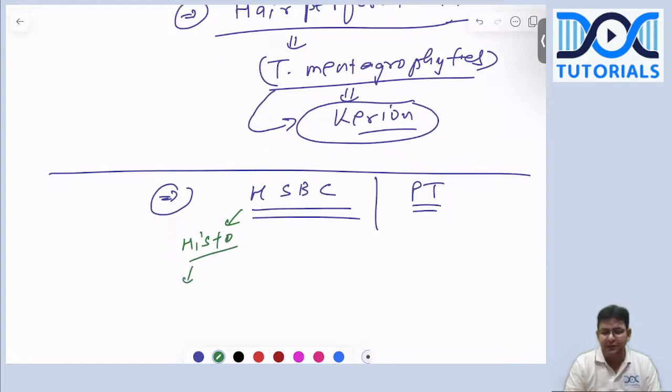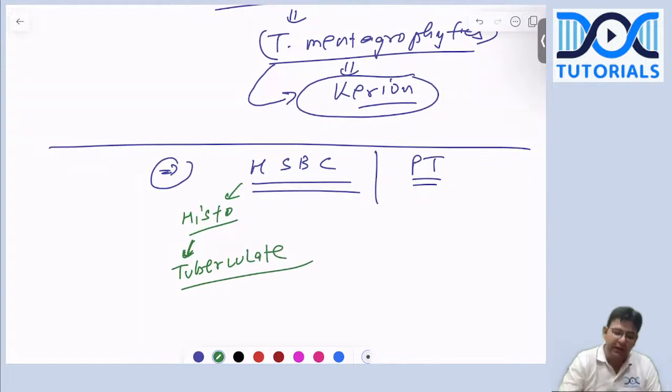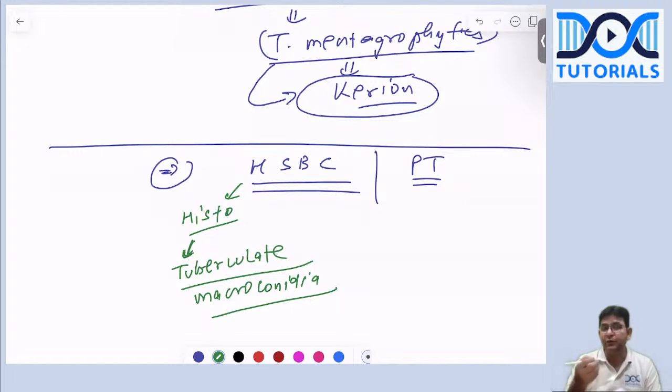Sunflower-like appearance, Surya Gandhi, Suryamukhi-like tuberculate macroconidia observed in histoplasmosis. This is to be remembered. And in this, you go for bone marrow biopsy.